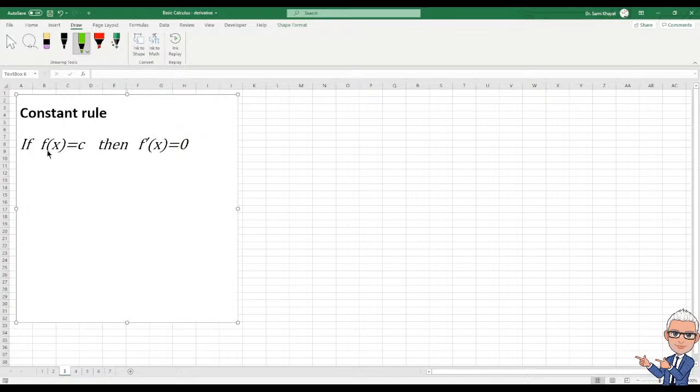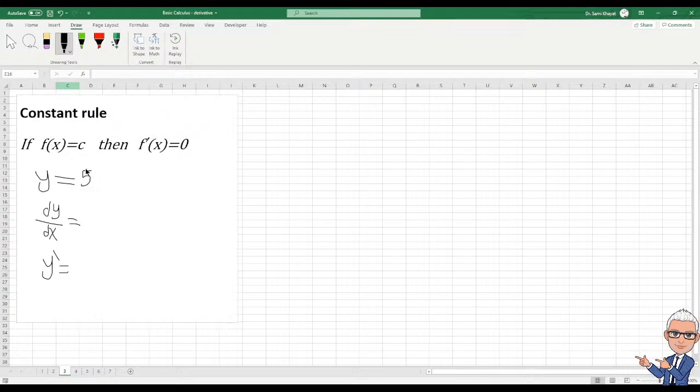If the function is equal to a constant, for example, I have y equals 5, what is the derivative of this one, which is referred to as dy over dx, or you can write it y prime, or f prime.